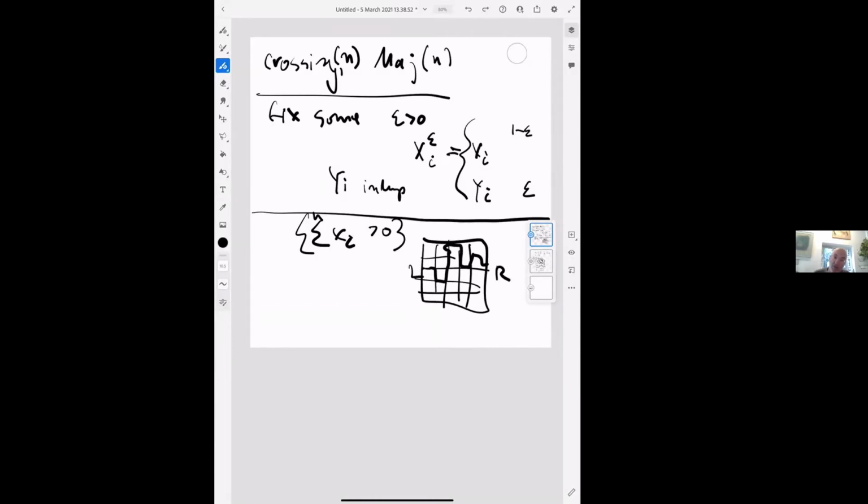Does any information last after the perturbation? So do you want to vote? I don't know whether we have a procedure here to vote. Which event do you think is more stable, the crossing event or the majority event, under this epsilon perturbation?